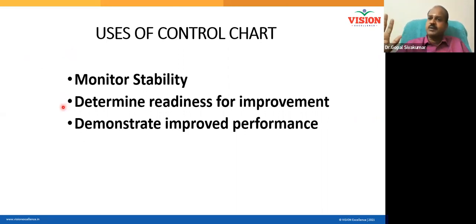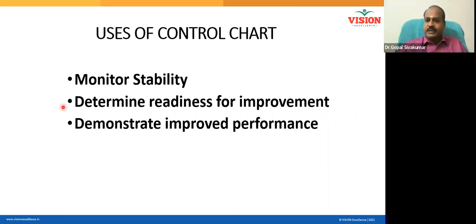Determine the readiness for improvement. When to engage an improvement initiative, or engage some experts, or engage ourselves in an improvement activity, only when your process is under control. If you yourself are not ready to learn new things, you will never learn. That is the message coming out. If your process itself is not ready for improvement, any effort you put will definitely fail.